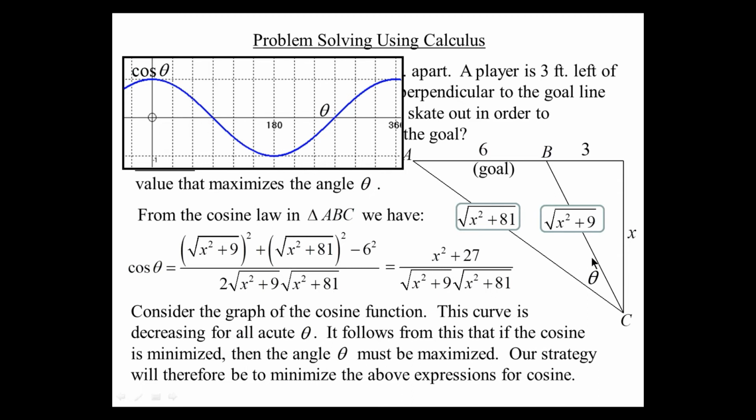So the idea is if you want to maximize theta, we'll minimize the cosine. And we've got an expression for cosine. So we don't have to worry about taking the inverse cos of this expression. We just have to minimize the cosine because that will maximize our theta. That's the idea behind this solution. And we already have an expression for cos theta. Let's minimize it.